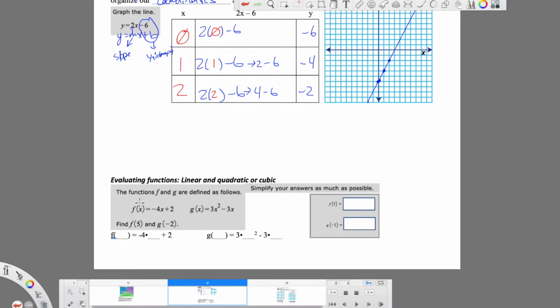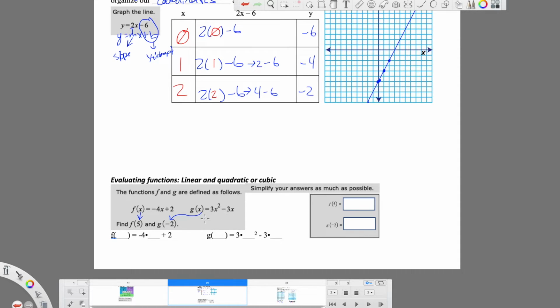So the function f of x equals negative 4x plus 2, and the function g of x equals 3x squared minus 3x. So we have 2 different equations, 2 different functions, and then they're just asking us to find when f of x is 5. So they're literally saying when x is 5, what is the function equal? And then g, when x is negative 2, what does this function equal?